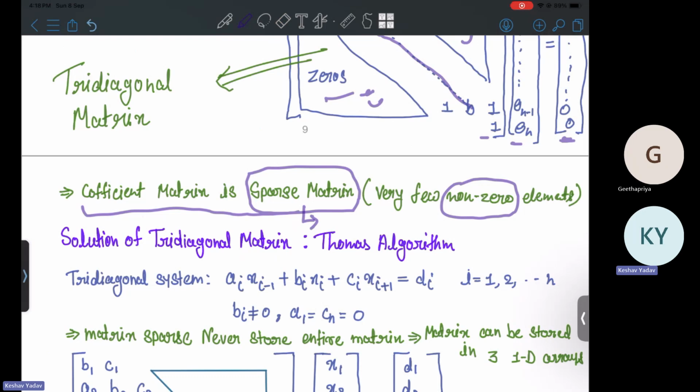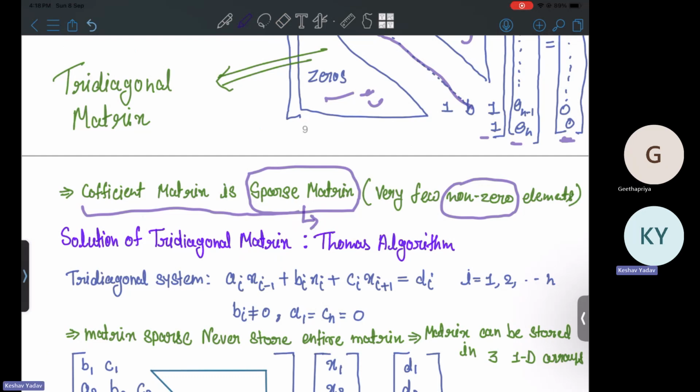So how can we solve this tridiagonal type of system? This can be solved using the Gauss elimination method. But if we use the Gauss elimination method, most of the zero terms will be converted into non-zero terms. This is the problem.